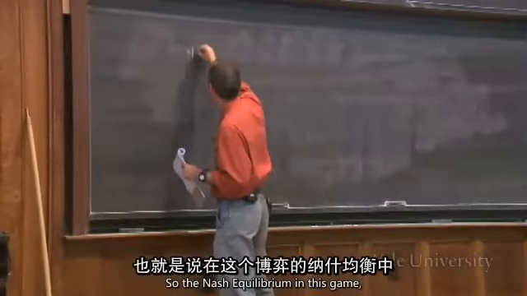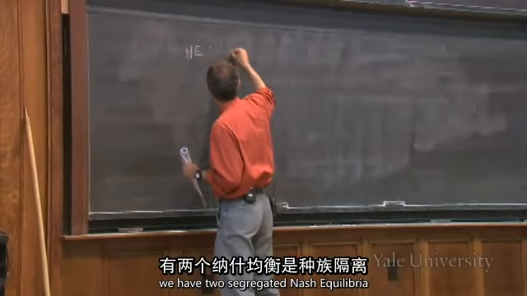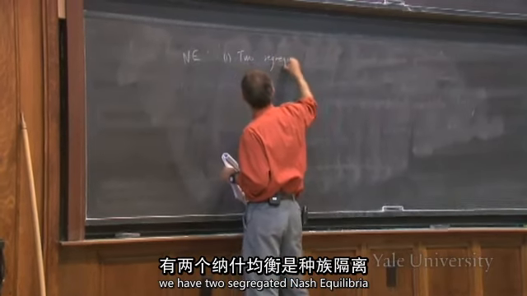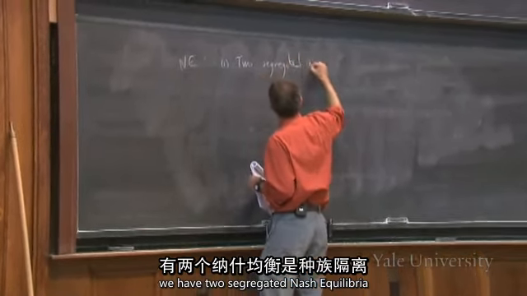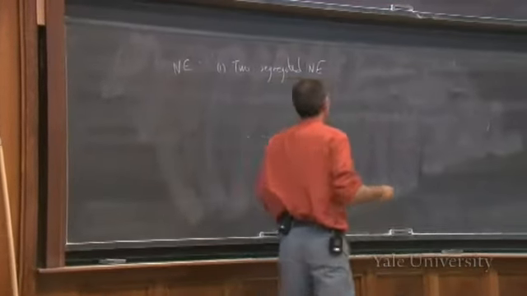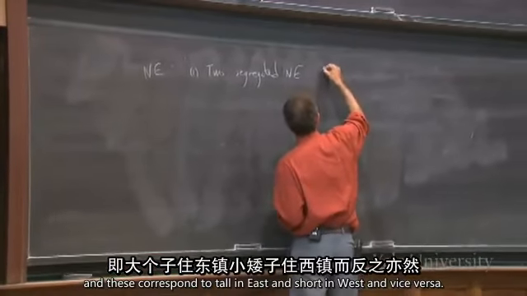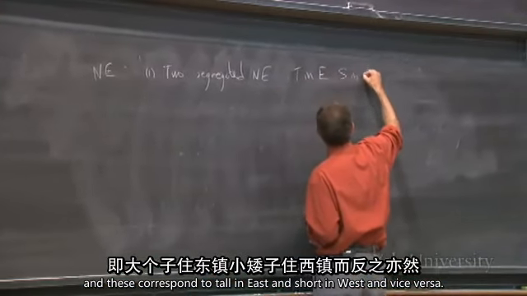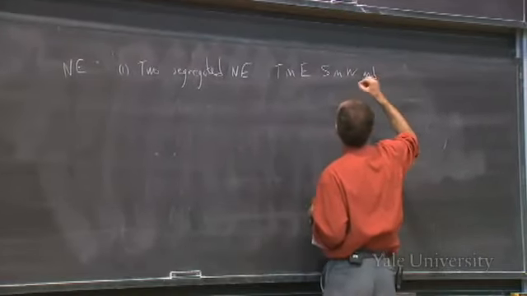So the Nash equilibria in this game, we have 2 segregated Nash equilibria, and these correspond to tall in East and short in West and vice versa.